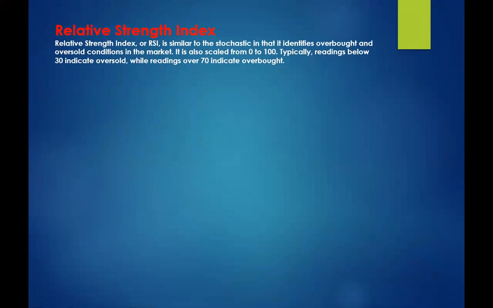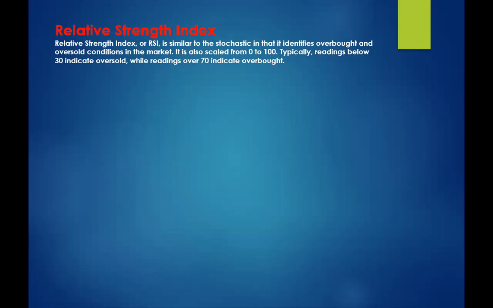It is also scaled from 0 to 100. Typically, a reading below 30 indicates oversold, while a reading above 70 indicates overbought. I remember at the early stage, I showed you when I inserted RSI that RSI has 70 and 30.